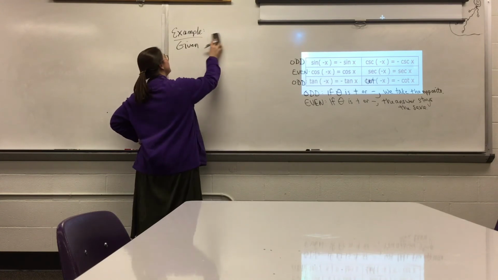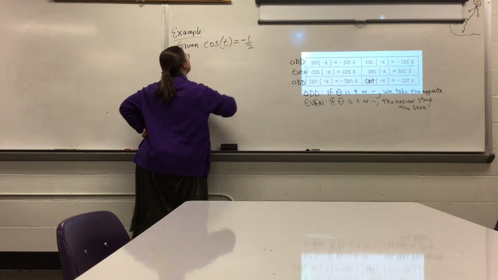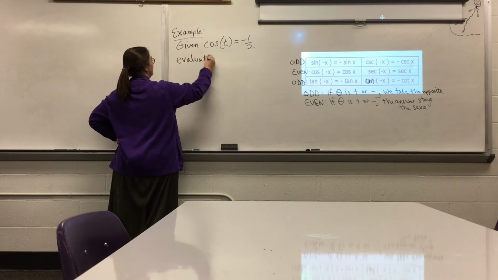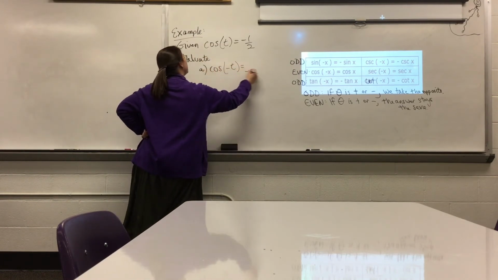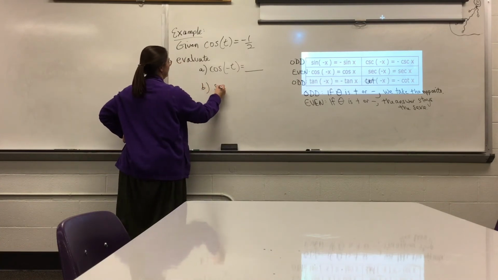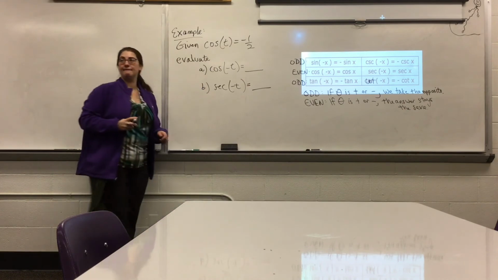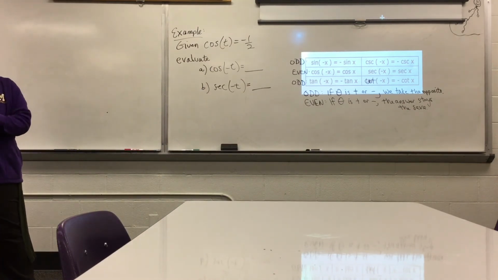Given that the cosine of t is negative 1/2, evaluate A, the cosine of negative t, and B, the secant of negative t. Using the identities that we have there, using those formulas.